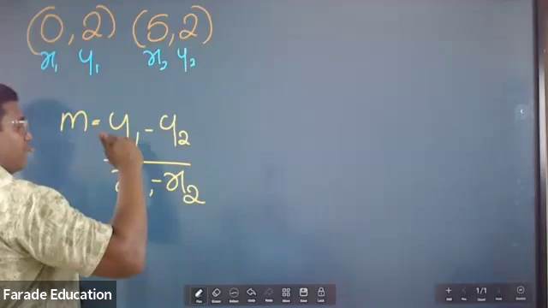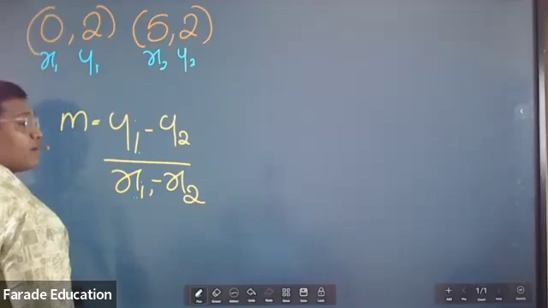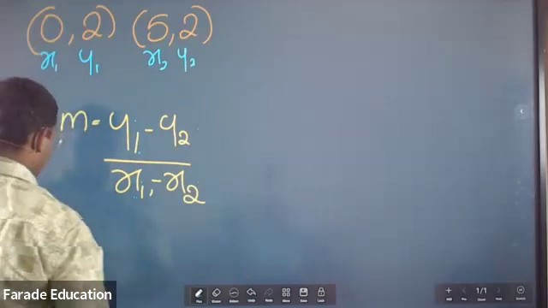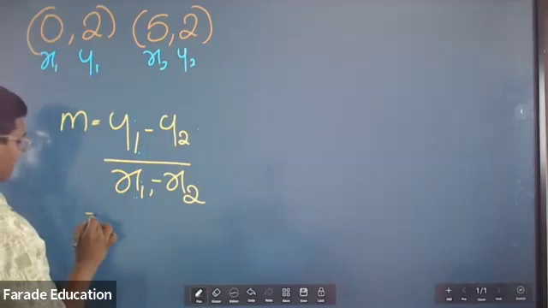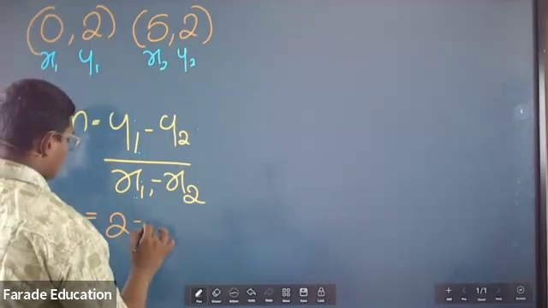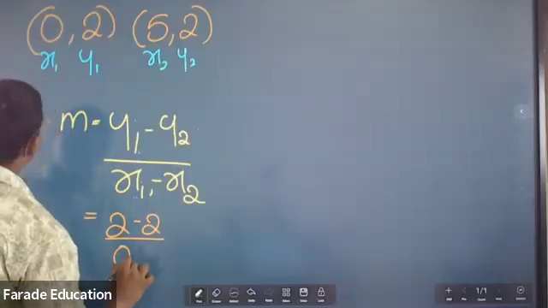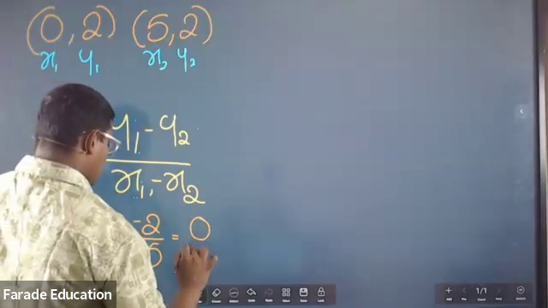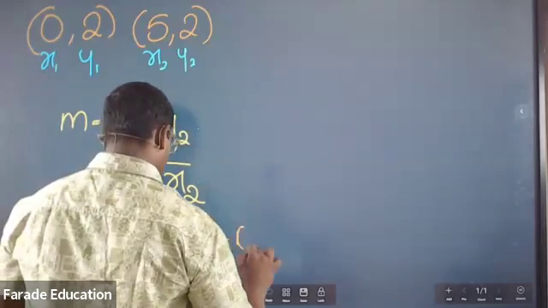The one on the top and the bottom should come from the same point. Keep that in mind. So now we'll substitute the values. First one, y1 is 2, y2 is 2, x1 is 0, x2 is 5. 0 divided by minus 5, gradient is 0.